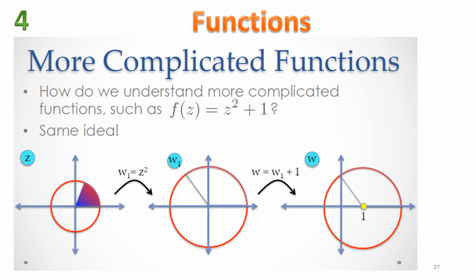Now here we shall move in steps. We shall move from z to w1, where we have the function w1 equal to z square. This we have already done. And then we shall move from w1 to w, so that we make the complete stride of representing z square plus 1. Whatever radius you are considering, that radius square is involved here.